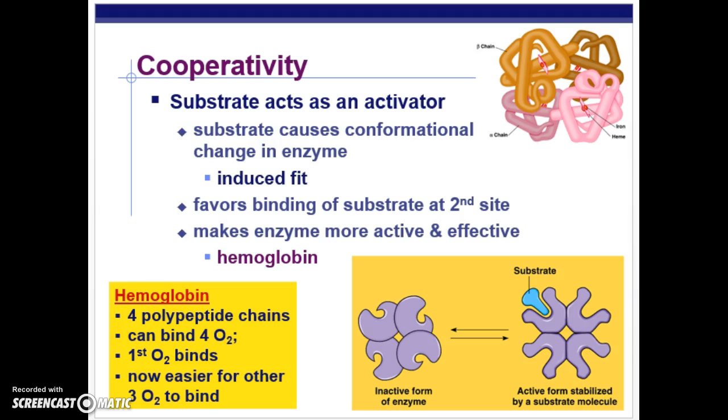So an example of this is hemoglobin that has 4 polypeptide chains that are able to bind 4 oxygen molecules.